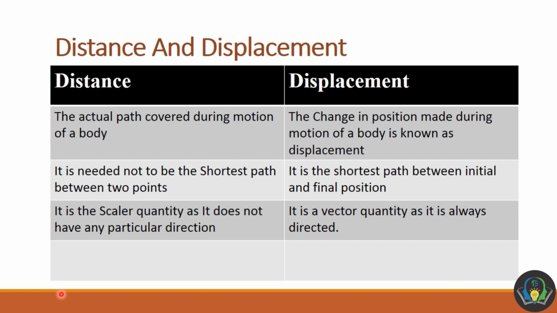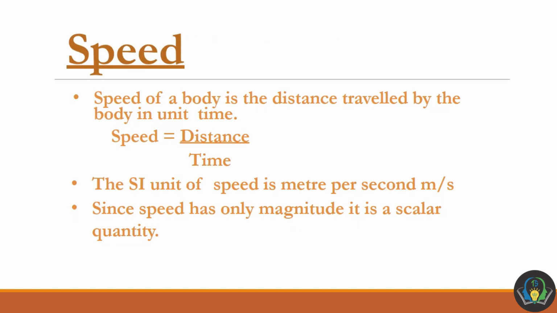If I say 30 kilometers south, or 20 meters east, or 10 meters west, these are all examples of displacement, because we have a direction in it. Alright, I hope the distance and displacement is completely clear. Well, then we shall proceed further to the next topic, that is speed.